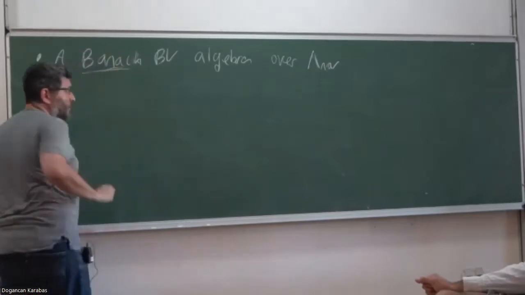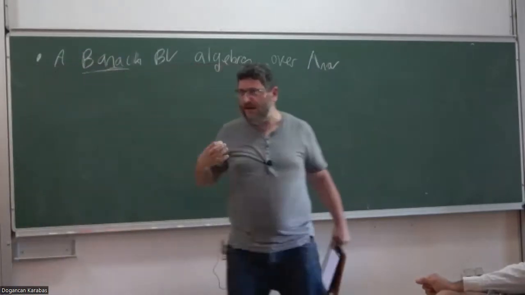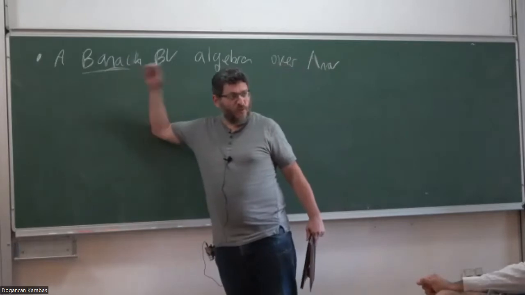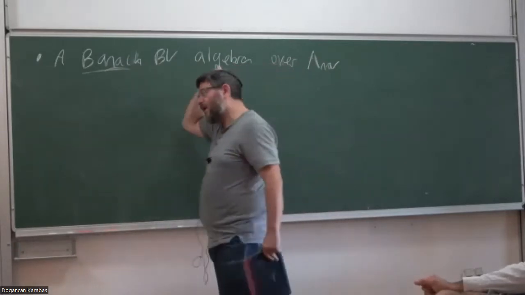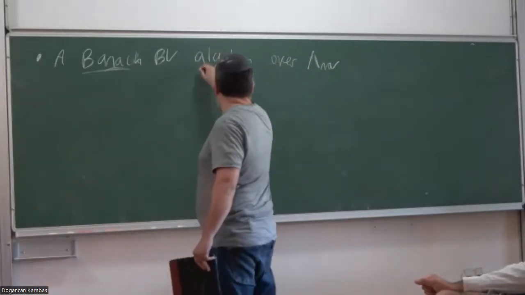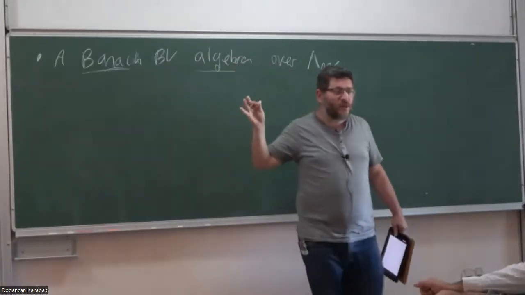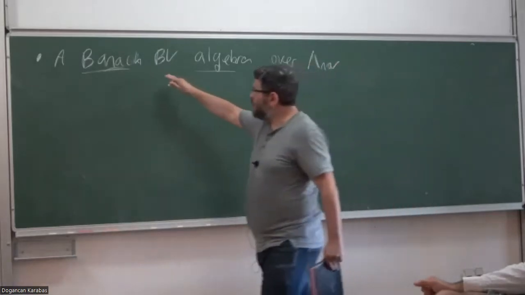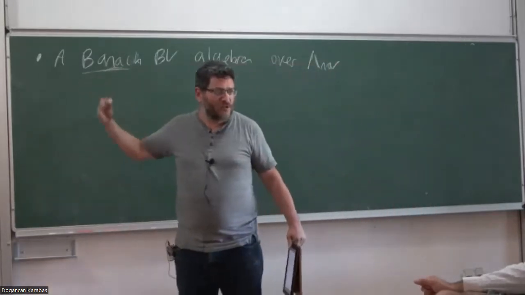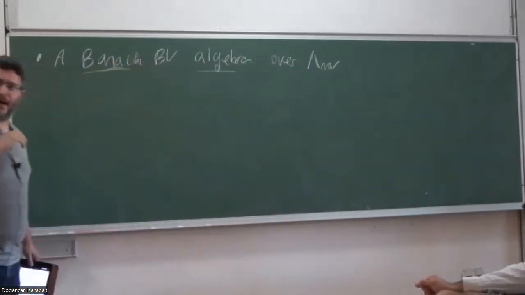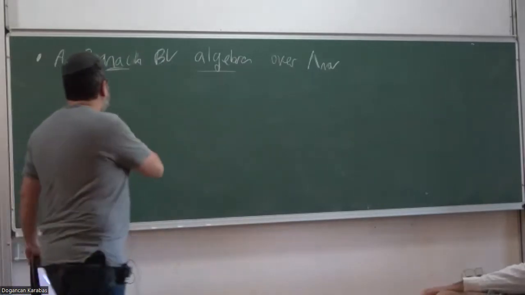Banach means it has a norm, which is a very important part of the structure, and it's complete with respect to this norm. Algebra means it has a product. BV is maybe a little less familiar; it's some structure which I will describe concretely in an example rather than say what it is.